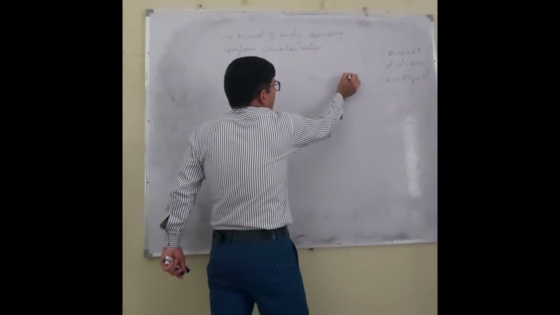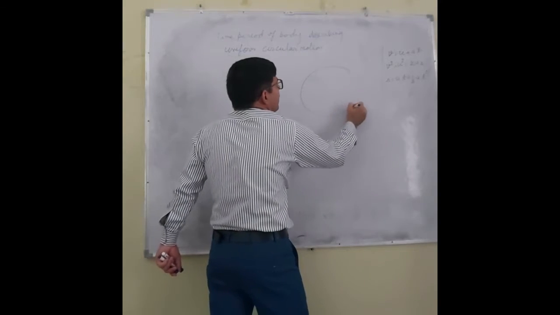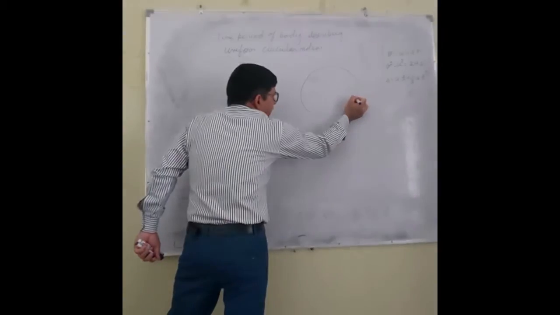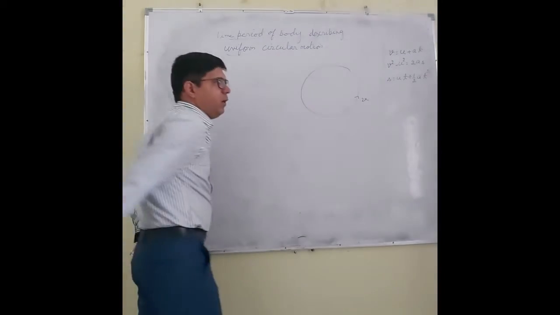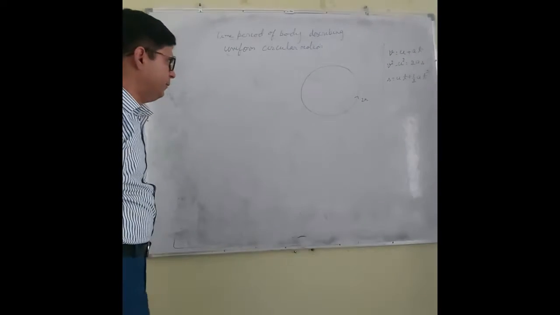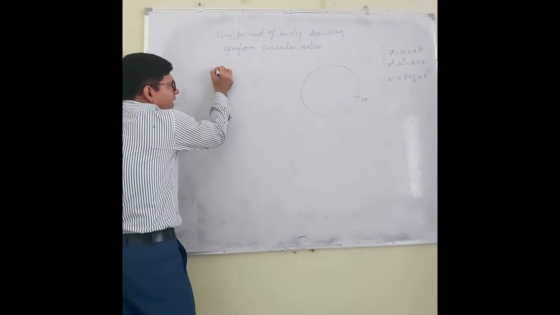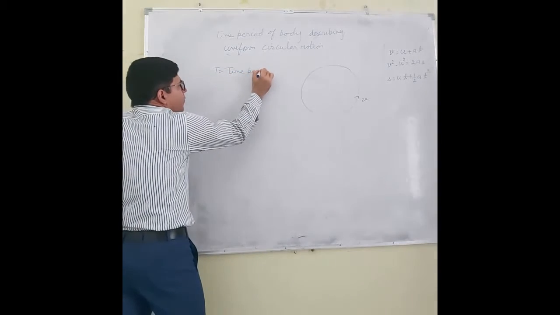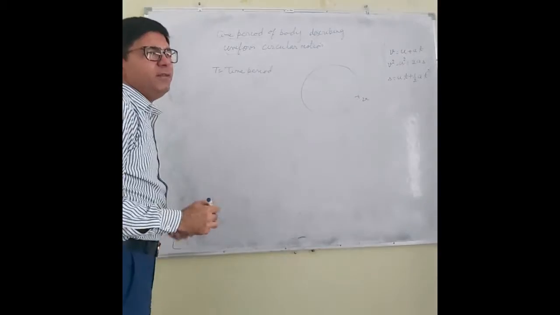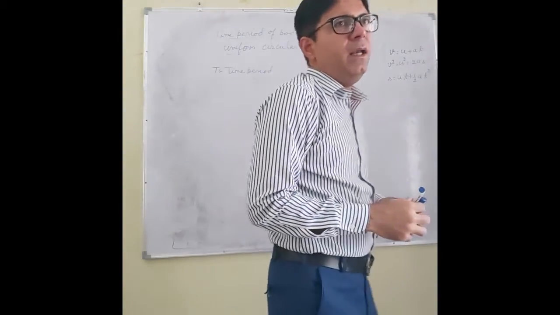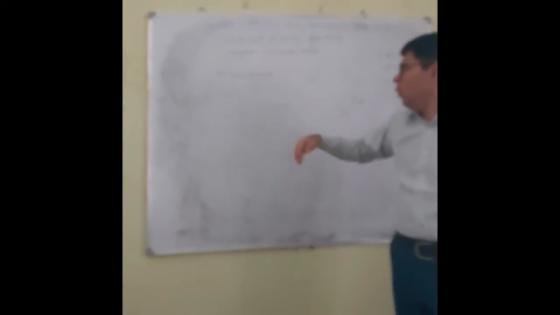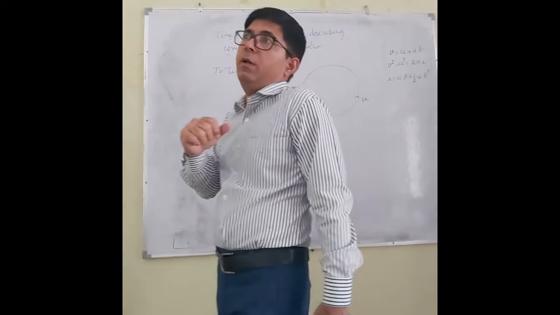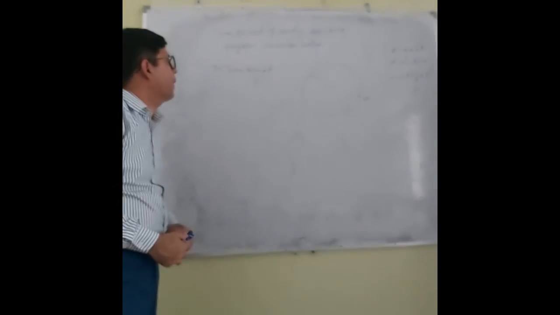Let us say the body is moving along the circle with speed v. Let T be the time period. What is the meaning of the time period? Time period means the time taken to complete one revolution around the circle, to complete one round. That is the time period.